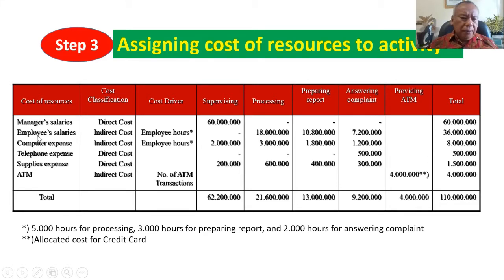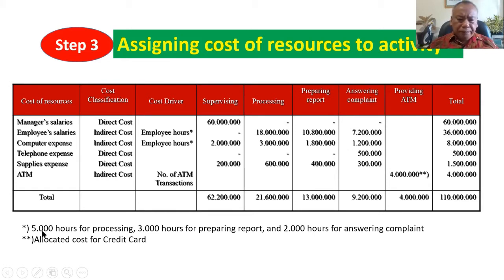And then the employee salaries are classified as indirect costs because the employees perform several activities: processing the credit card transactions, preparing the credit card bill report, and also answering the complaints. So how could we allocate 36 million to each activity that benefits from these resources?